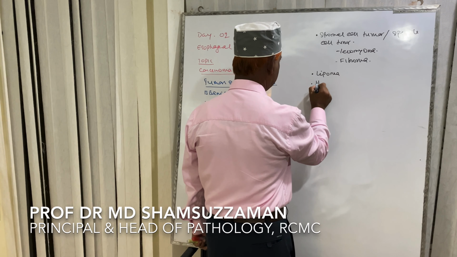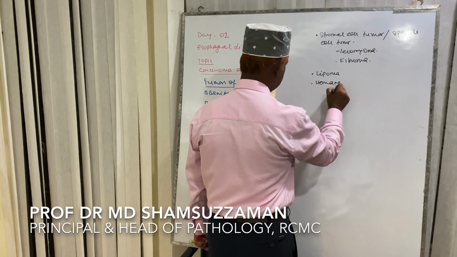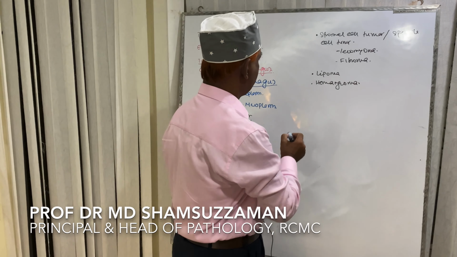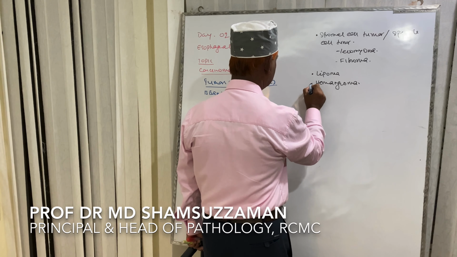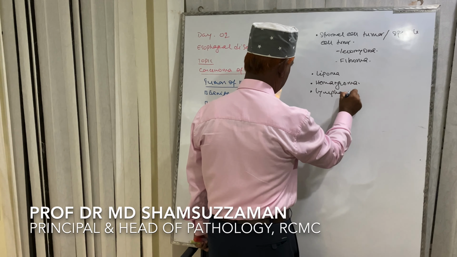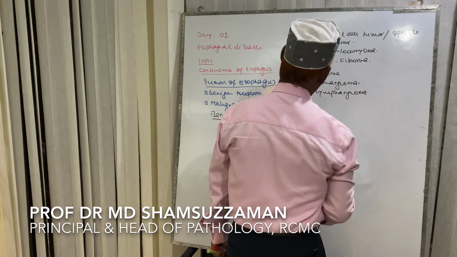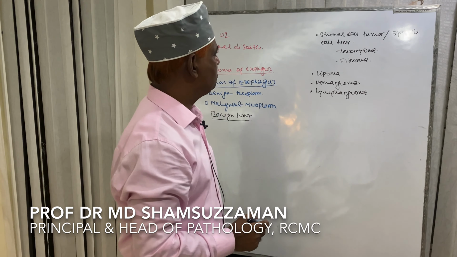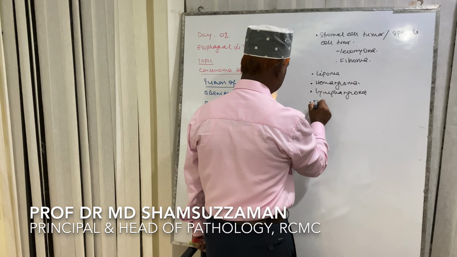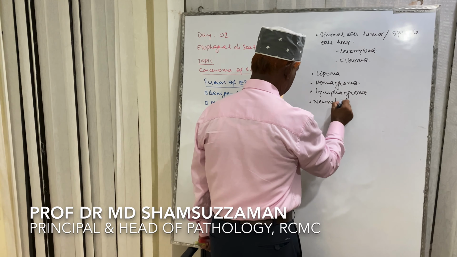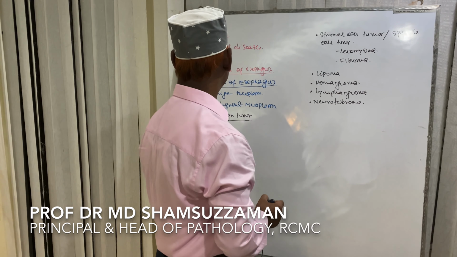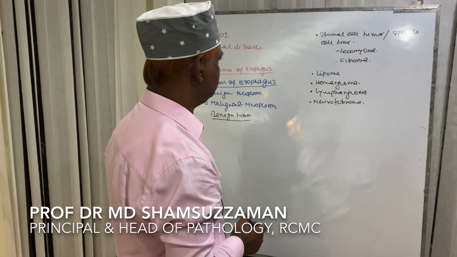There may be hemangioma, benign tumor of blood vessel, lymphangioma. Lymphangioma is the benign tumor of lymphatics. There may be neurofibroma. So these are the different benign tumors that may occur in the esophagus.